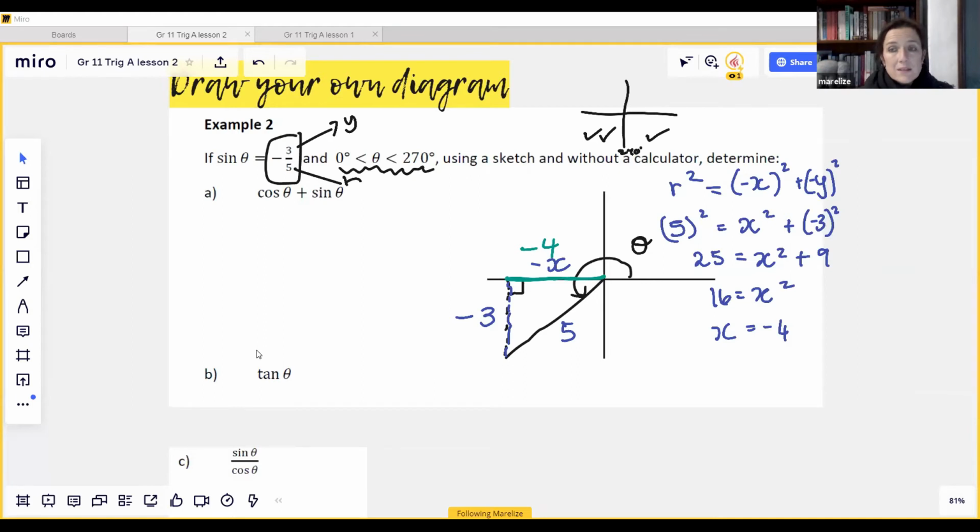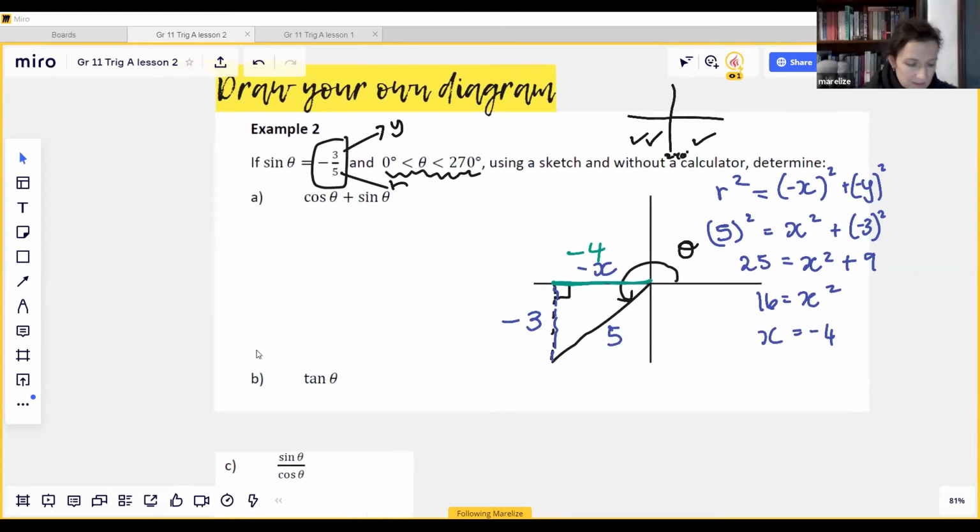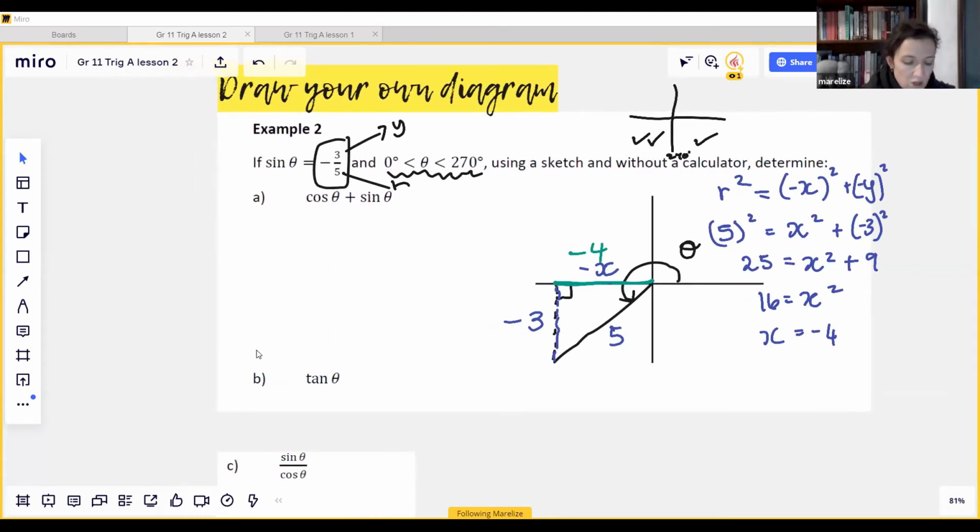Okay, that's important because that is often something that people get wrong. It's because we're on the Cartesian plane and we have to work with positive and negative values depending on where the x's and the y's are. Okay, now let's tackle this. It says, what is cos theta plus sine theta?